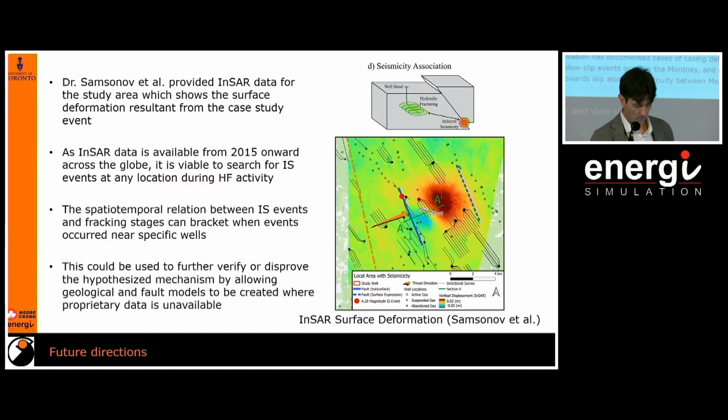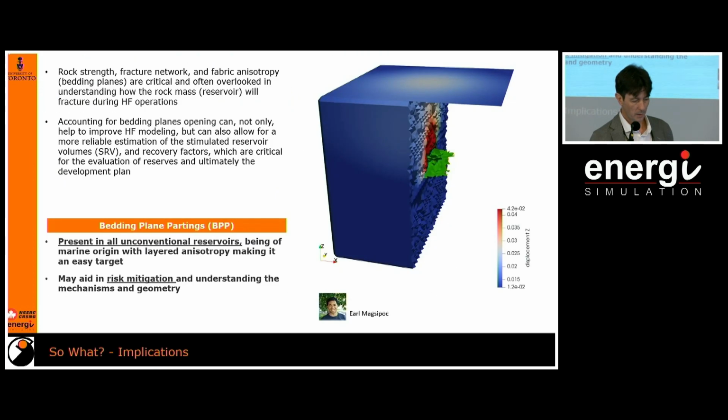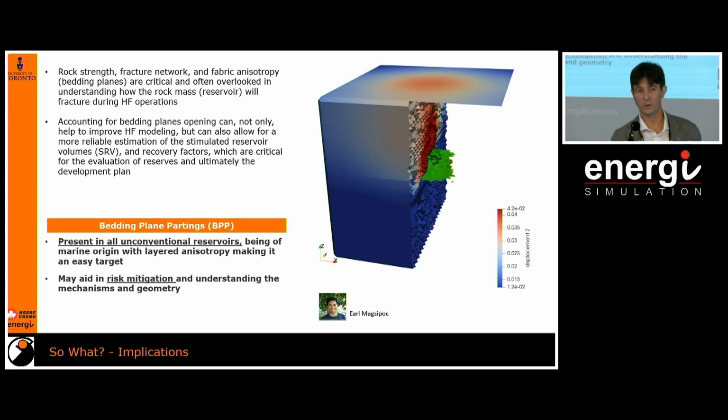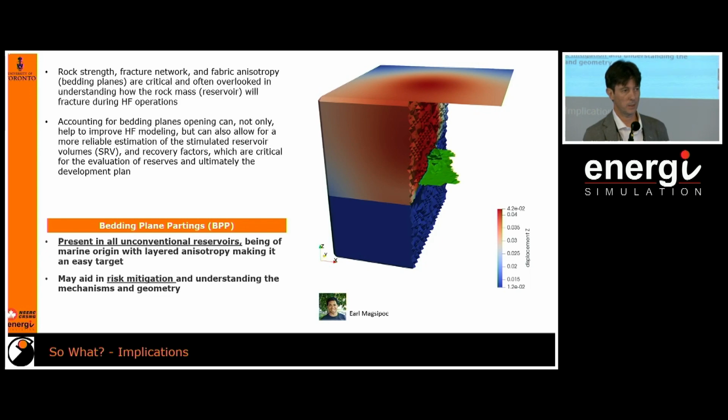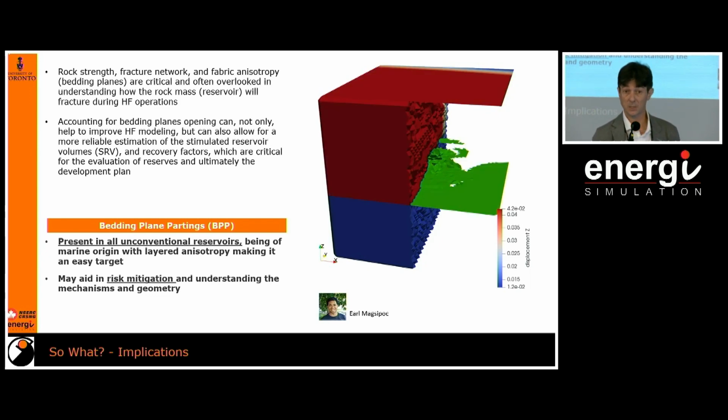So now, so what? What are really the implications of this work, which has been mainly experimental in the lab with support from the field data? Well, we think that, first of all, we need to characterize clearly the rock, its strength, and its anisotropy.